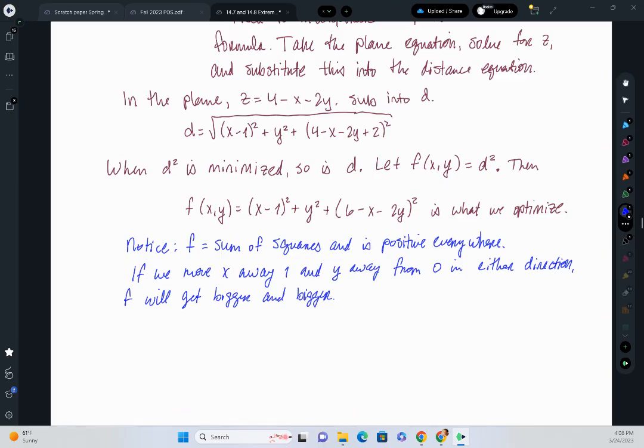And so what that's telling me is that we have a function that has a minimum value. So f of x, y has a minimum value. All right, and now we're going to find it.